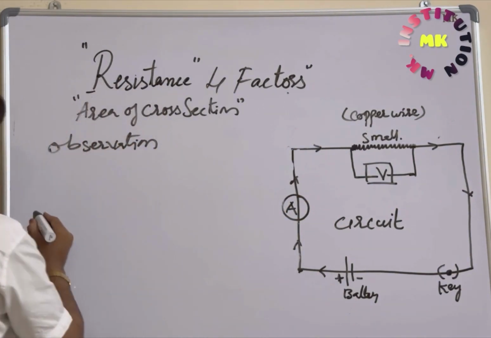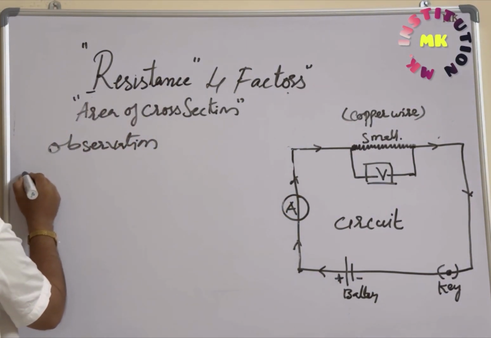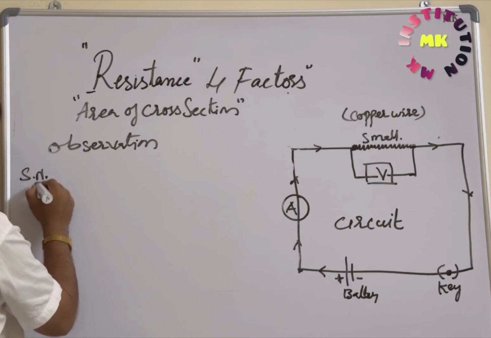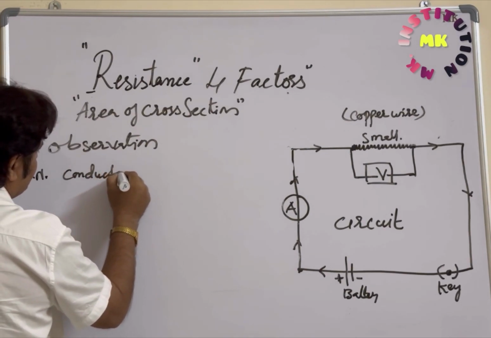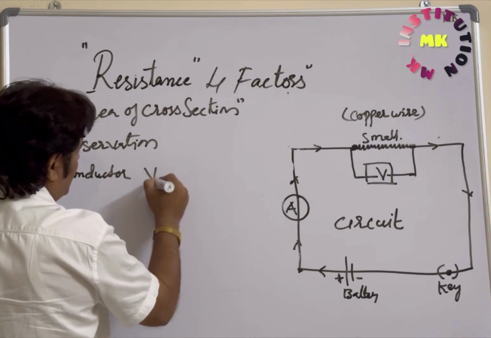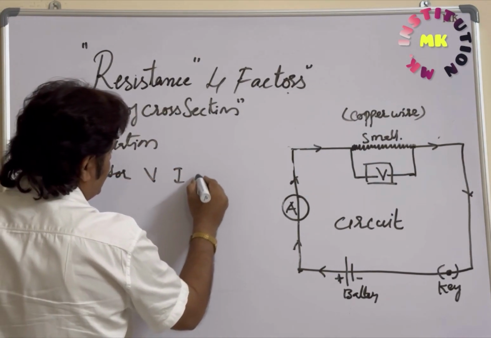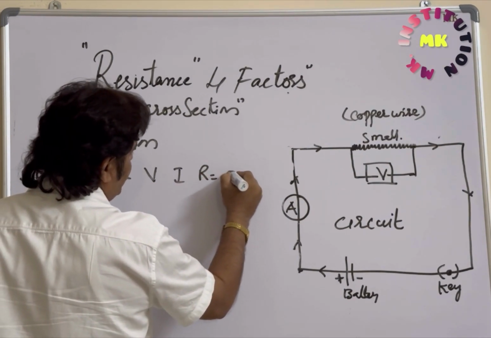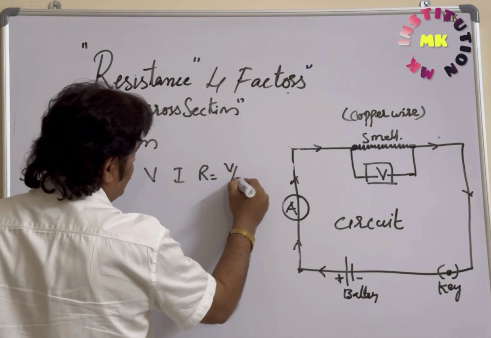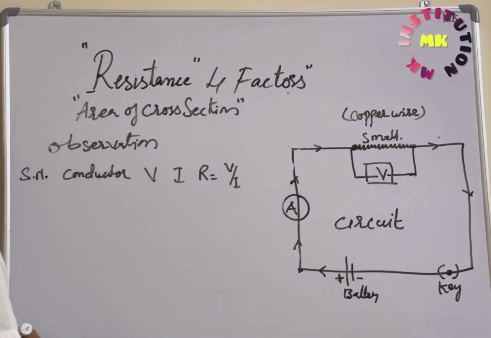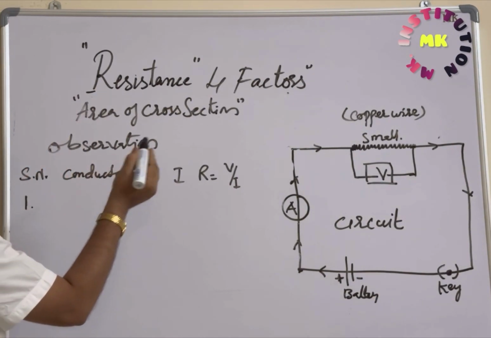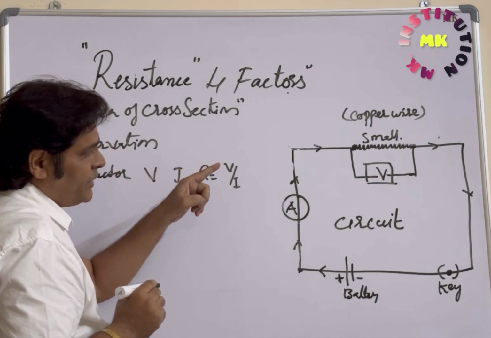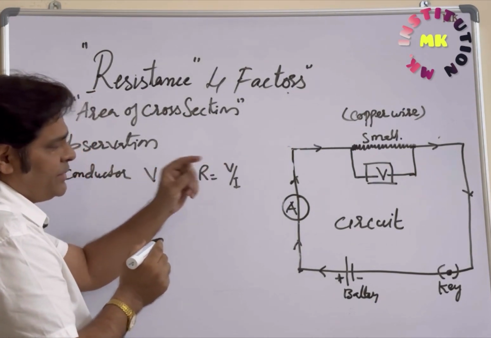In the observation table: serial number, conductor, voltage, current, and resistance, which we have to find out as V by I. Clear. In the first case we are using copper wire, but the area of cross section of that copper wire is very small.